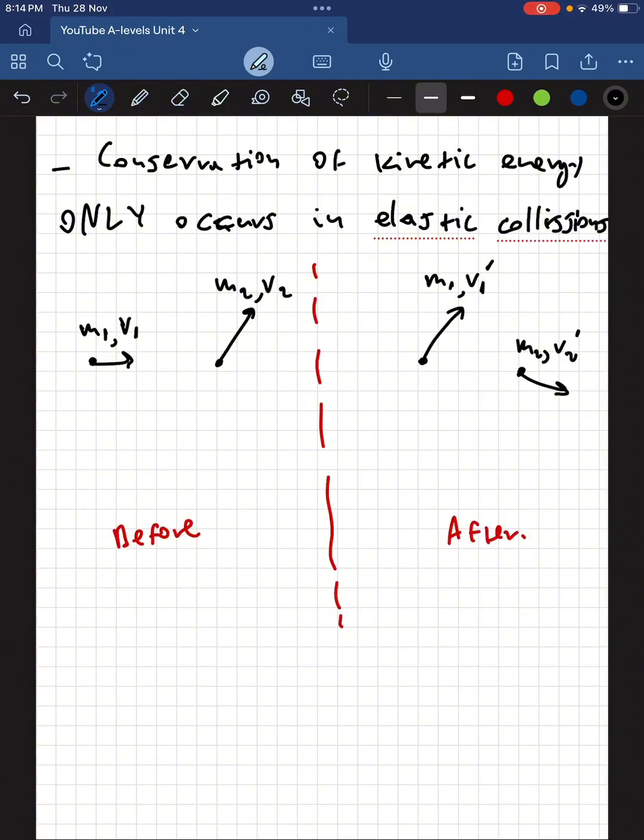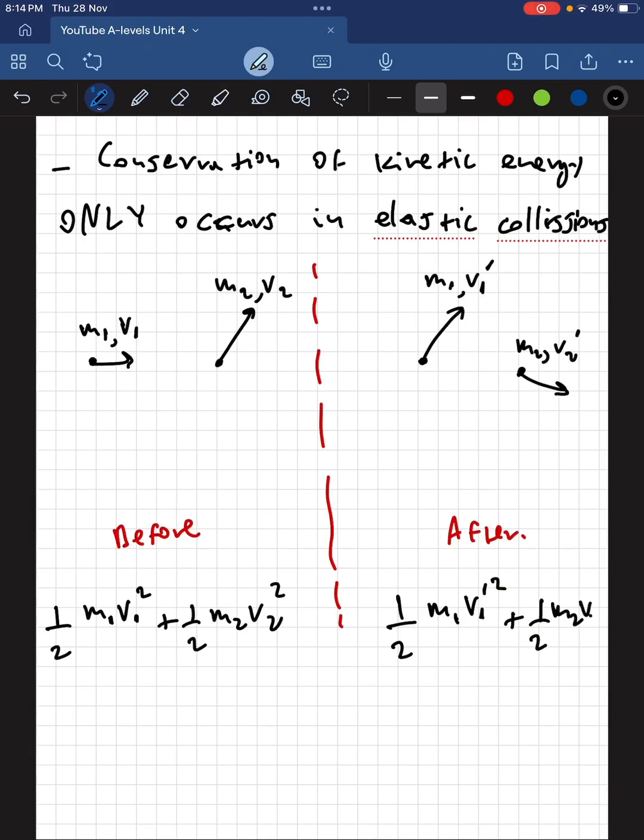I drew it this way on purpose because the kinetic energy before is 1/2 m1 v1 squared plus 1/2 m2 v2 squared, and the kinetic energy after is 1/2 m1 v1 prime squared plus 1/2 m2 v2 prime squared.